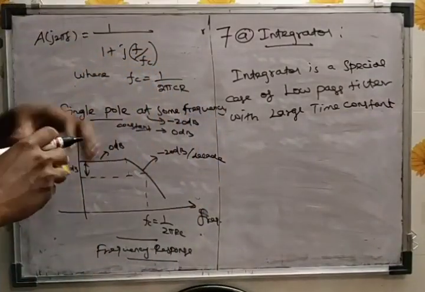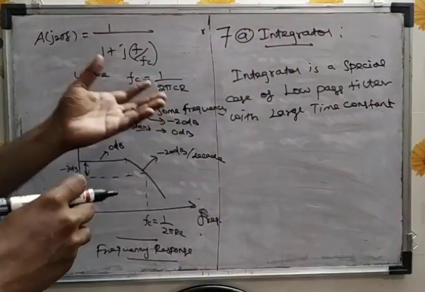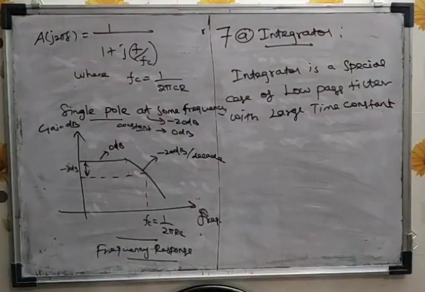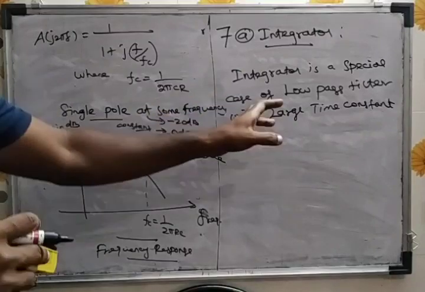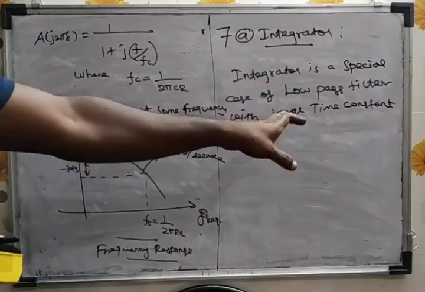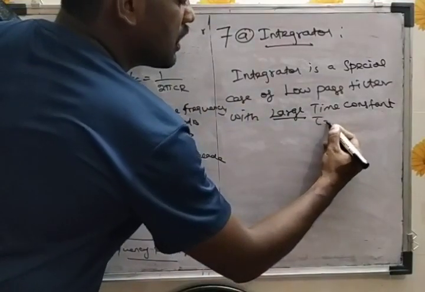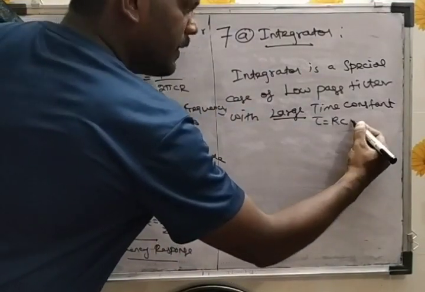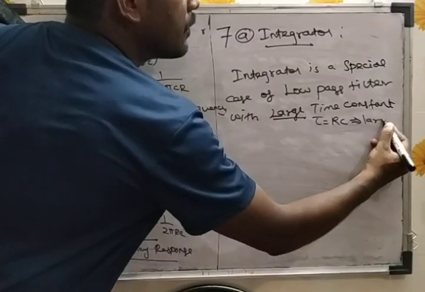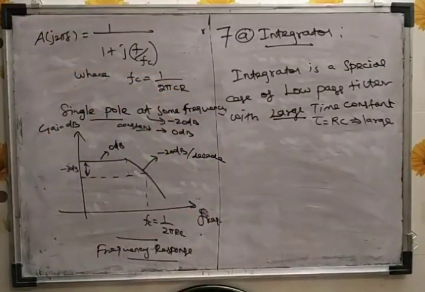We know that a differentiator is a special case of a high pass filter with a small time constant. Similarly, an integrator is a special case of a low pass filter with a large time constant. The time constant tau equal to RC should be a large value.